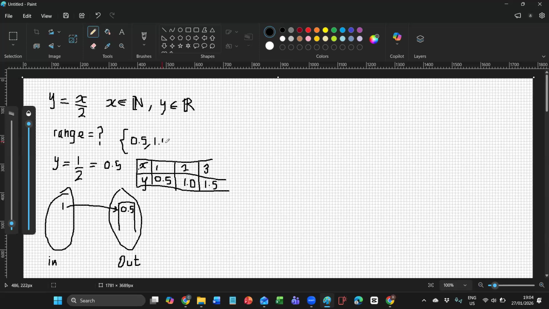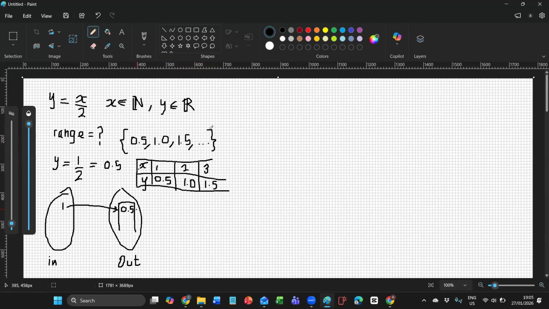Now, that's how I'm going to write them nicely. And nobody is expecting you to give them everything that will be in the range. So you can just put dot, dot, dot. At least you have established that you know what is happening there. So this is the range.